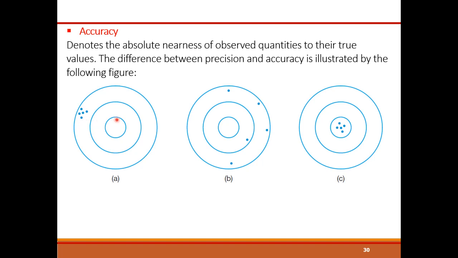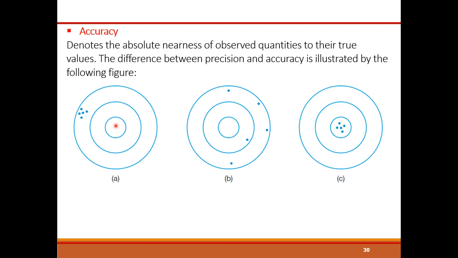You can see three different types of circles as well. The smallest circle is indicating the true values, or the values with maximum accuracy, or you can say maximum precision.